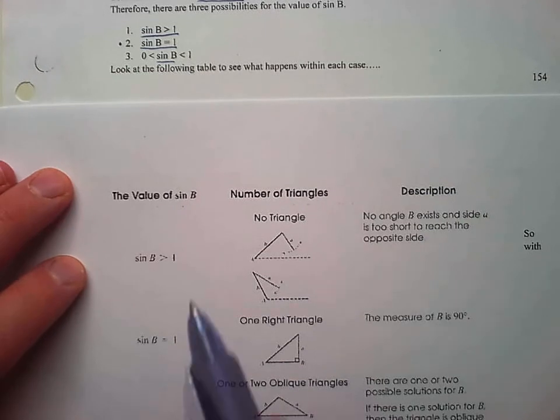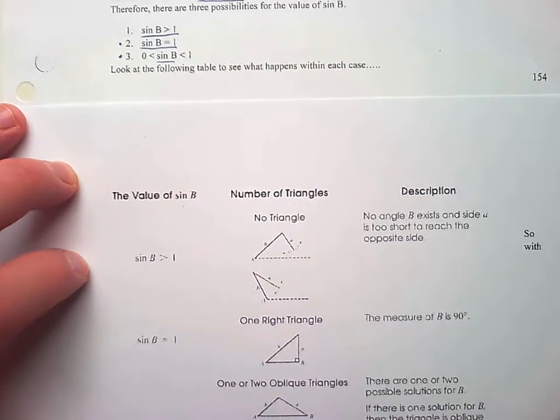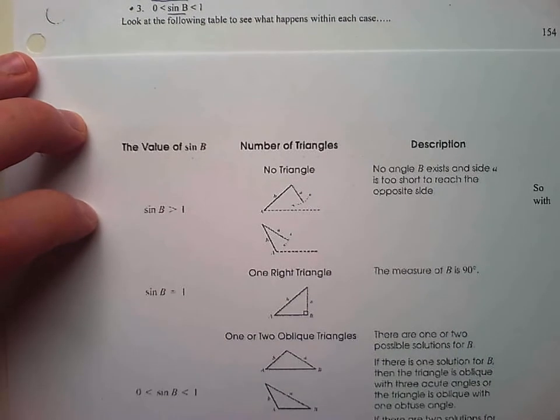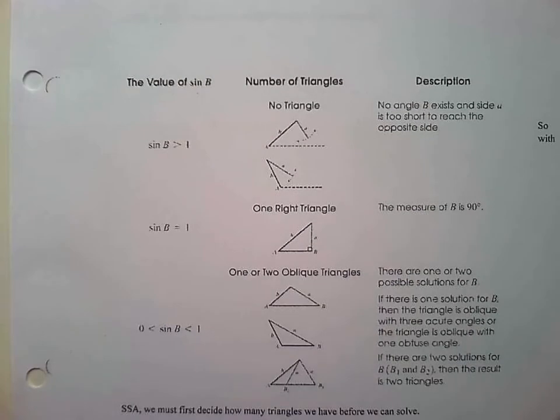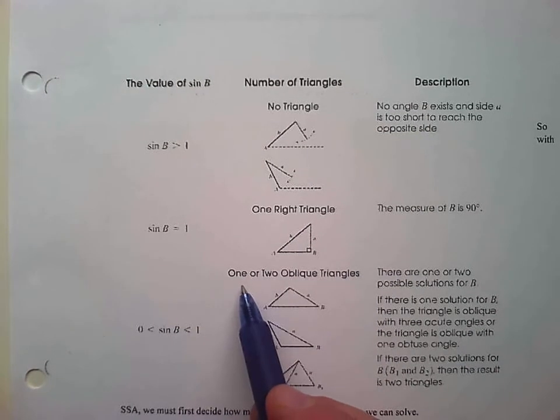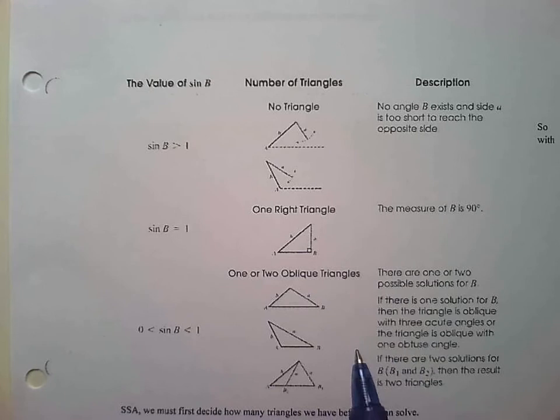Now, if we're in the third case, so the sine of B is between 0 and 1, we can have one or two triangles.